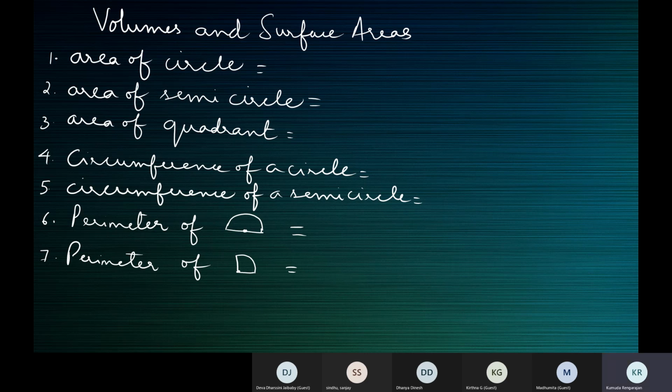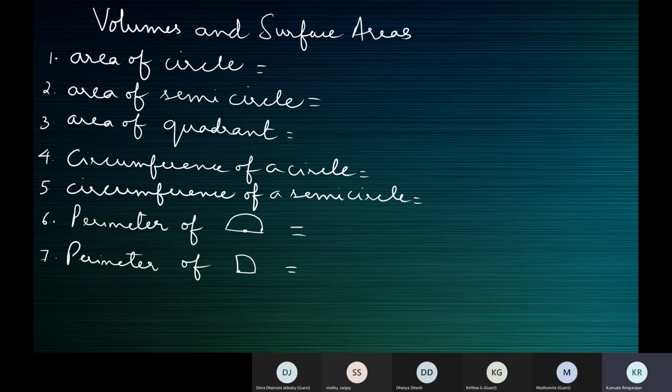Are we writing, children? Yes, ma'am. Okay. Ma'am, the figure in the sixth one is a semicircle, no, ma'am?